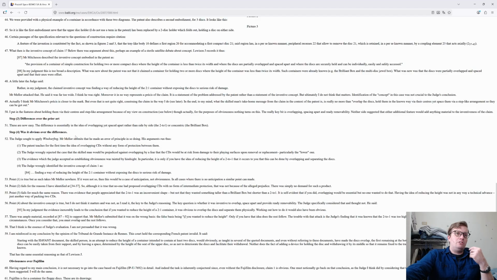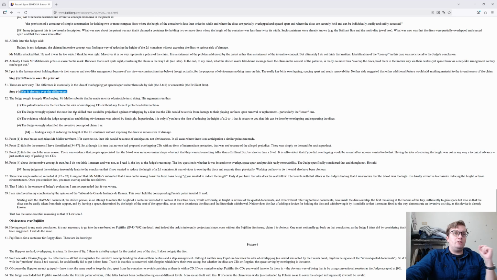So Mr. Meller, who I'm assuming is the representative for Pozzoli, is saying that the differences, this bit, step 4, would the difference be obvious, that the judge had made an error when he was applying that? So he said, so this is what he said, why he thinks the judge made an error. He said, the patent teaches for the first time the idea of overlapping CDs without any form of protection between them.